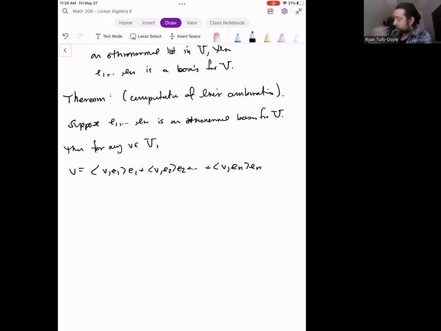And the norm of V, the length of V, is just the sum of the absolute values of those coefficients squared.